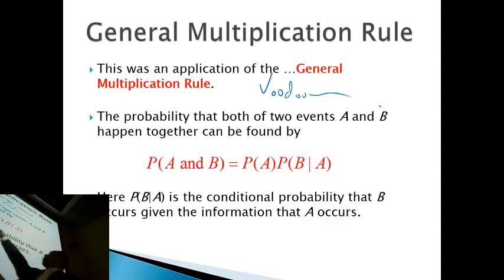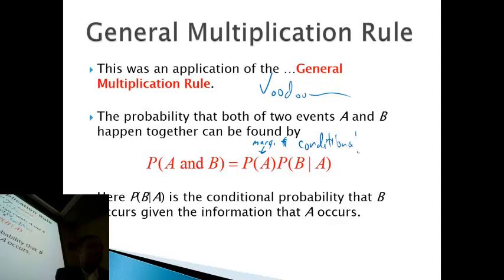If you want to find both events, take your marginal probability and multiply that by the conditional. I'll leave this up there for you to jot this down, and then we'll pick up right here on Thursday, the bottom of page 6.